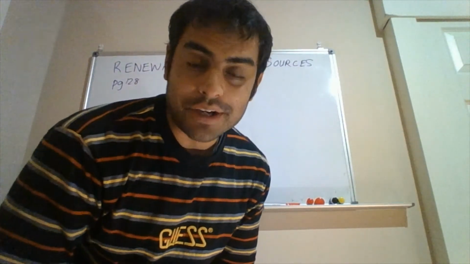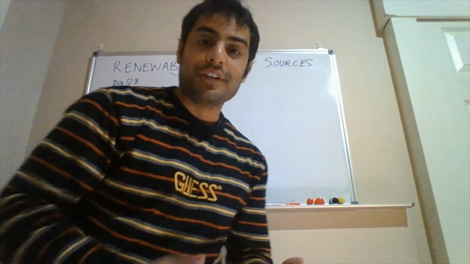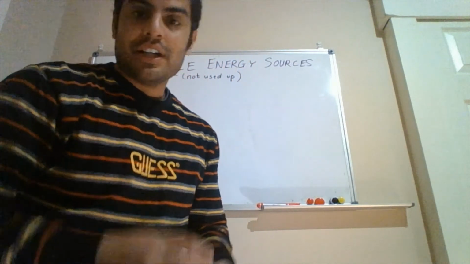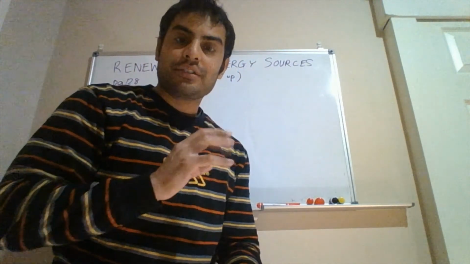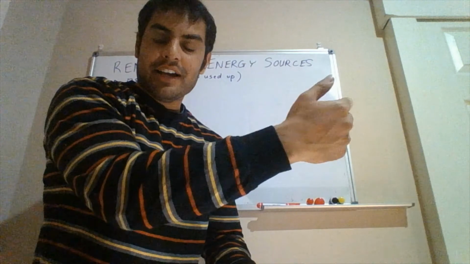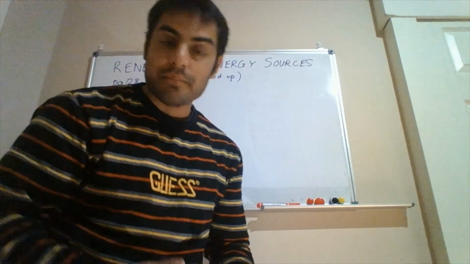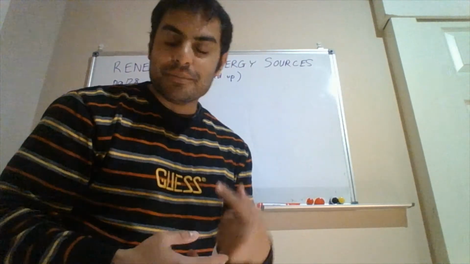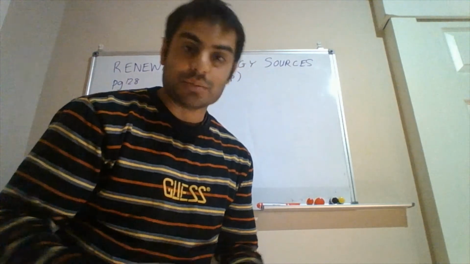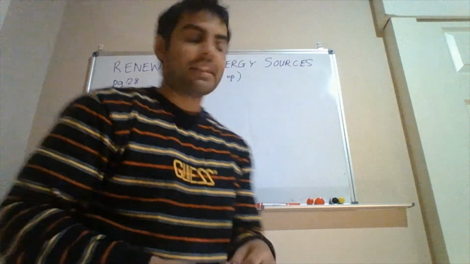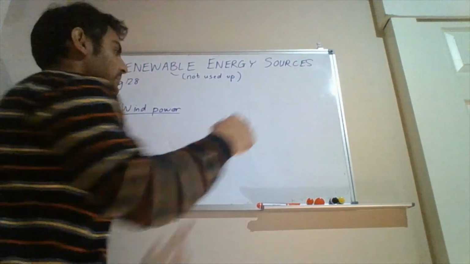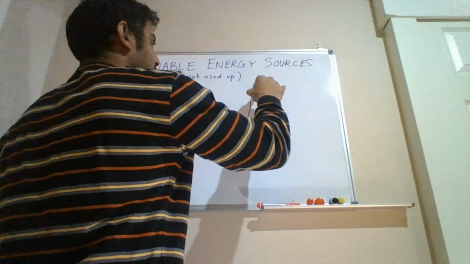Next, we're going to talk about wind power. If you look at the picture in the textbook, we have these giant fans which stand upright, and the blades spin when the wind blows, and the spinning of the blades in the generator is what generates the electricity. So let's talk a little bit about these wind generators.